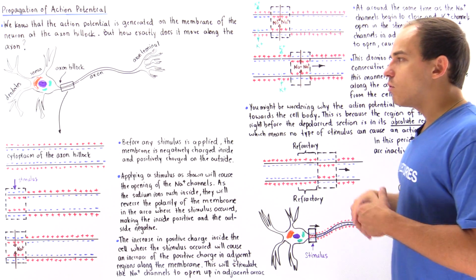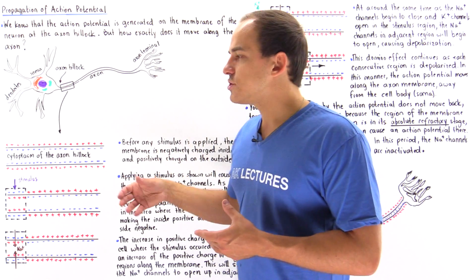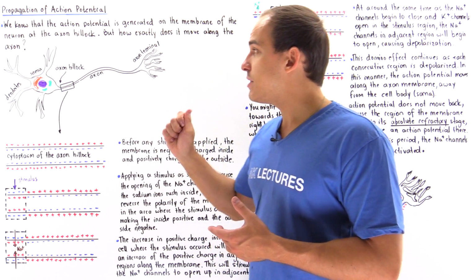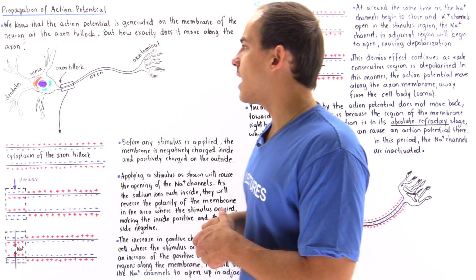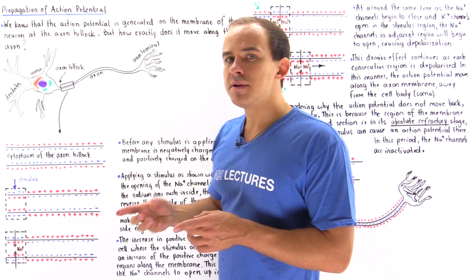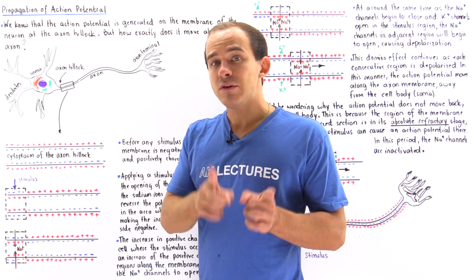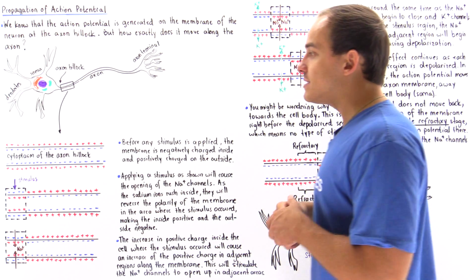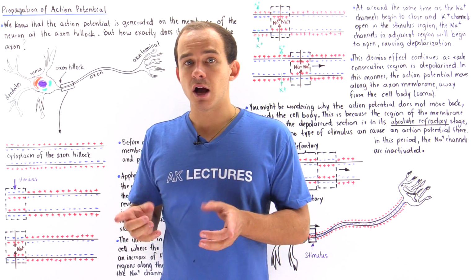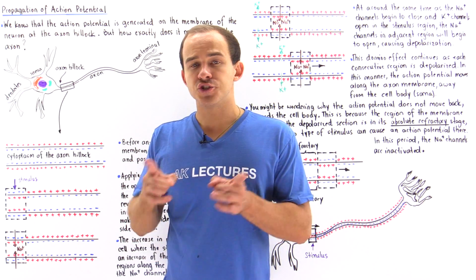So before any stimulus is applied, the membrane is negatively charged inside the cell and positively charged right outside the cell. Now, let's suppose our dendrites receive that signal and transmit that signal through the cytosol of the soma and to the axon hillock. Now, if the stimulus is high enough, if it is equal to or exceeds the threshold value, then what that basically causes is the opening of the sodium voltage gated channels.